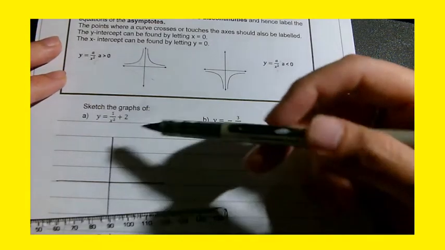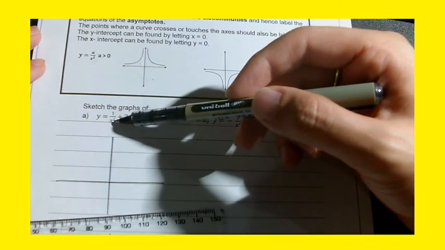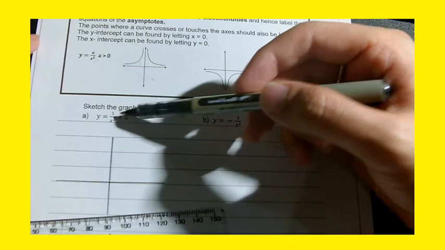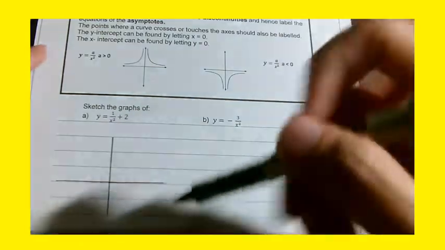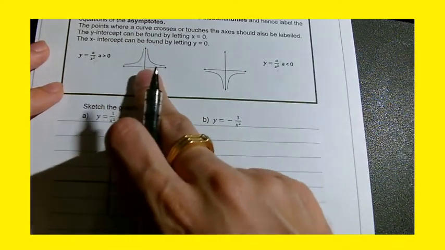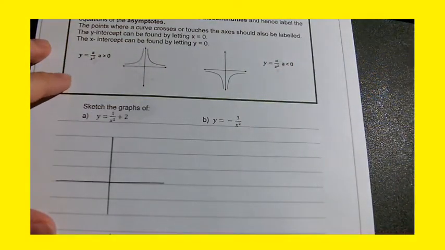So if I had 1 over x squared and put in x equals 1, I would have 1 over 1, which is 1. But as soon as I add the 2, I'm going to have a y value of 3. So it's going to look like this. It's a positive reciprocal with x squared, except everything will move up by 2.